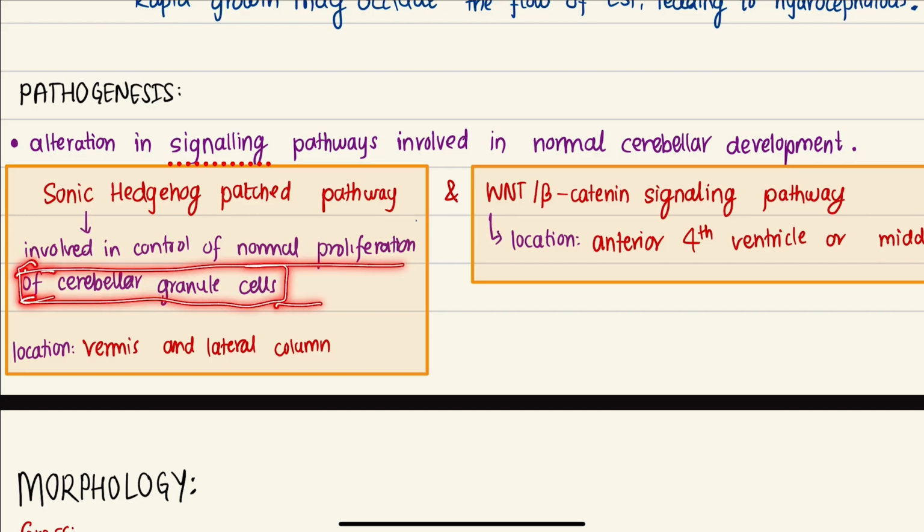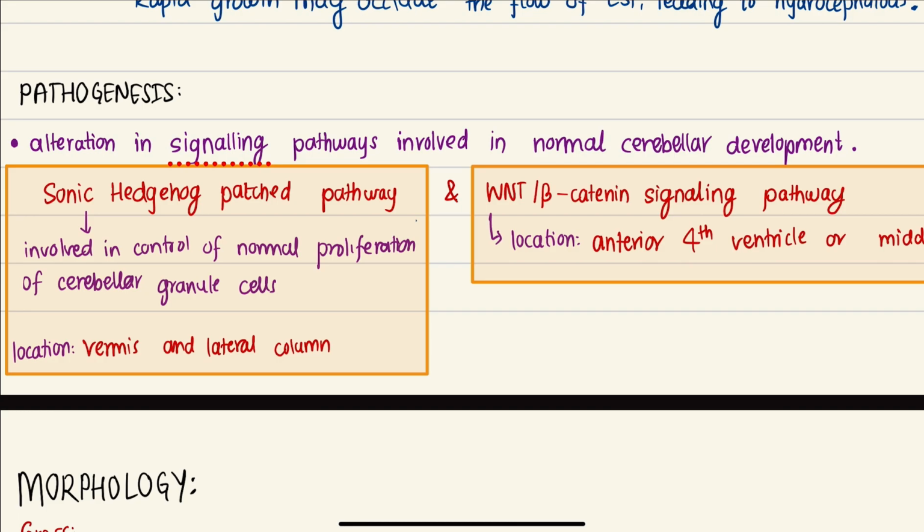These granule cells are found in the granular layer of the cerebellum, basically involved in the cerebellar circuitry. When we talk about the physiology of the cerebellum, we'll talk about the granule cells, but let's not dive into details. The granule cells of the cerebellum are not able to proliferate if this pathway is hindered, or there may be over proliferation. So basically there's this problem.